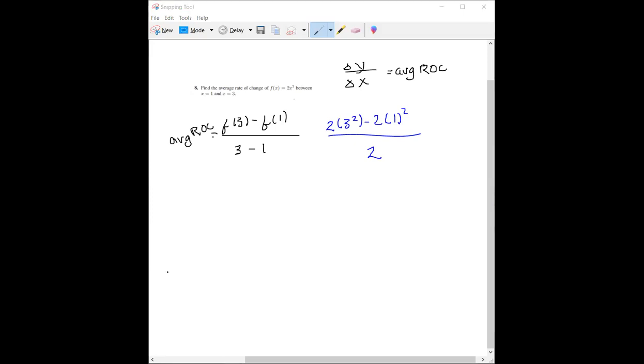That is 18 minus 2, so it's going to be 8. So this is all going to turn out to be 8. And that is going to be our average rate of change, our delta y over delta x. Okie doke.